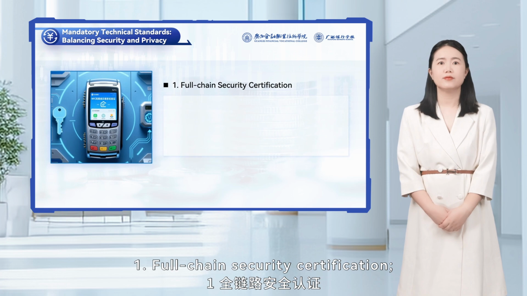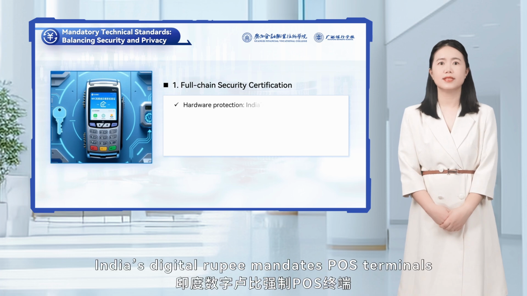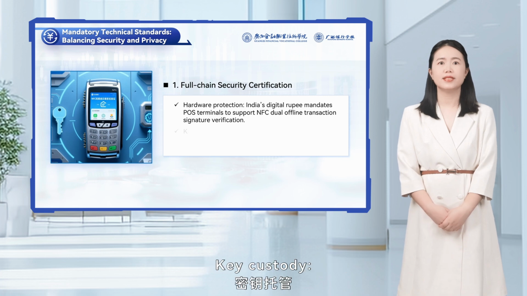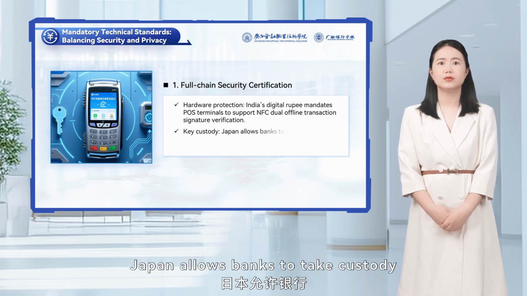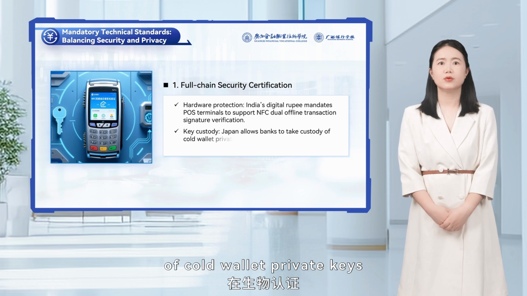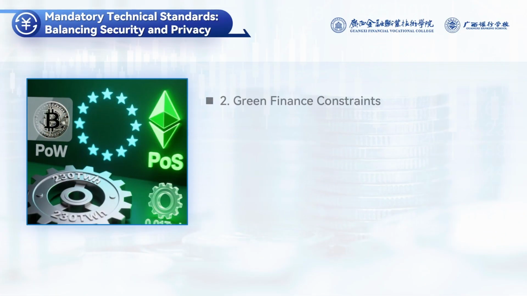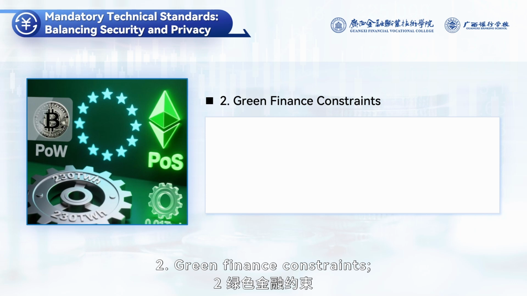1. Full chain security certification, hardware protection. India's digital rupee mandates POS terminals to support NFC dual offline transaction signature verification. Key custody. Japan allows banks to take custody of cold wallet private keys after 5 failed biometric authentications. 2. Green finance constraints.